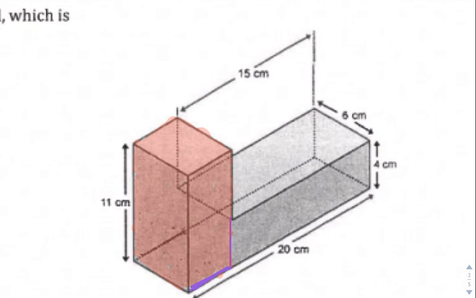The length and the width are these two. If I look, I see 6 centimeters, so I know this is also 6 centimeters. And then to figure out this one, well, I know my whole length is 20, and then from this end point all the way to here is 15. So 20 minus 15 would give me 5 centimeters. So I would do 5 times 6 times 11.